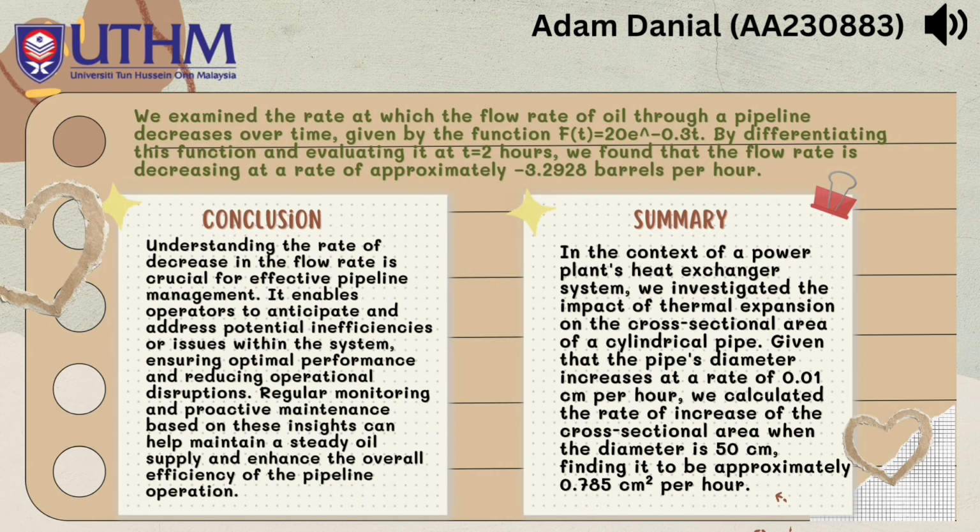We calculated the rate of increase of the cross-sectional area when the diameter is 50 cm, finding it to be approximately 0.785 cm squared per hour. That's all from me.